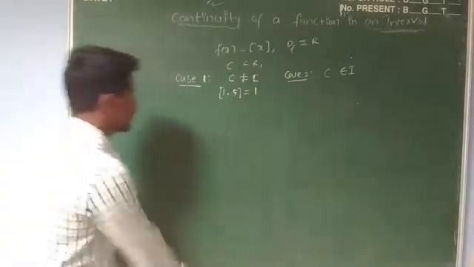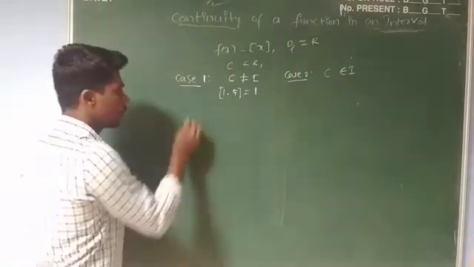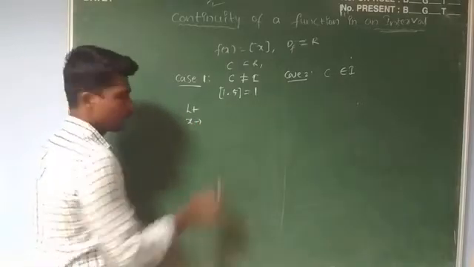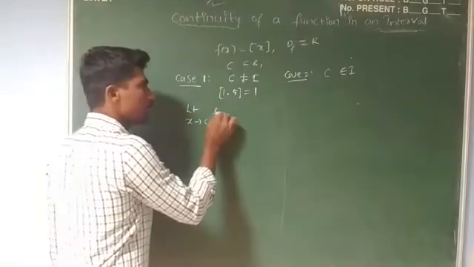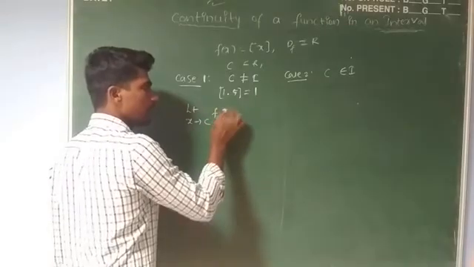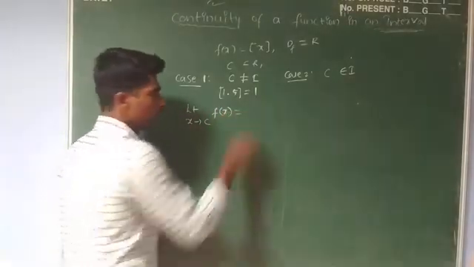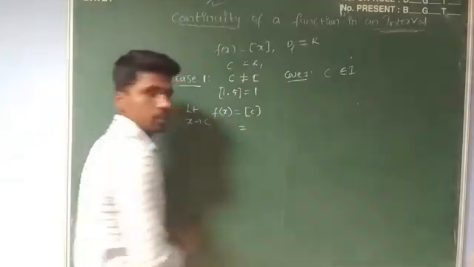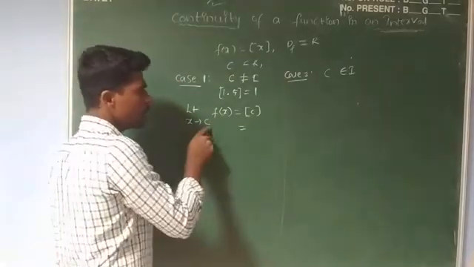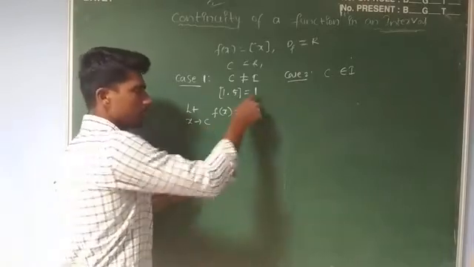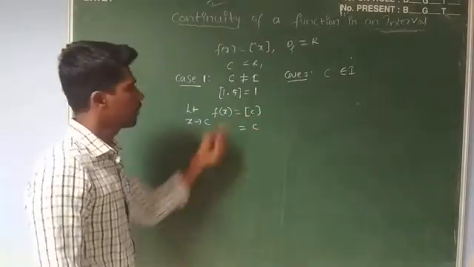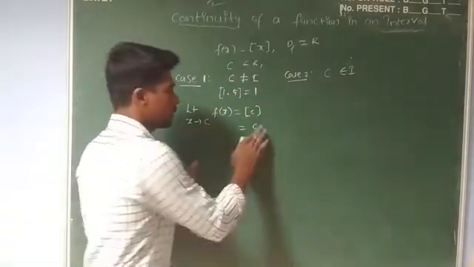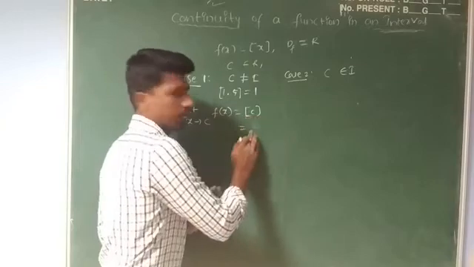Now check whether the function is continuous or not. Limit x tending to c of f of x is equal to step c. If c is not an integer, we get step c, so based on the value, we will get the number.